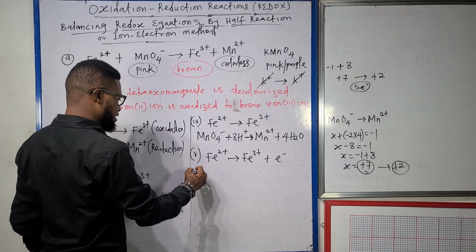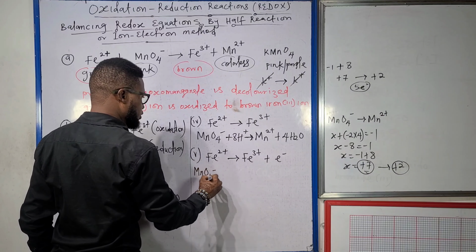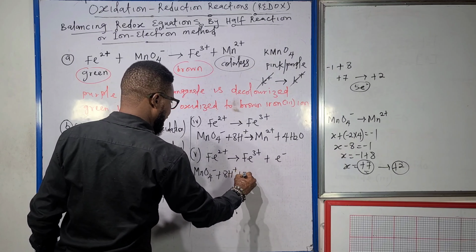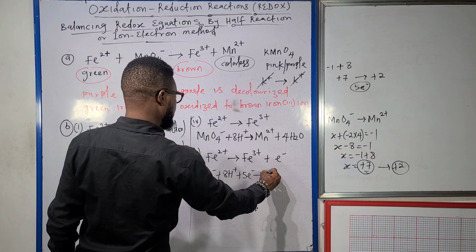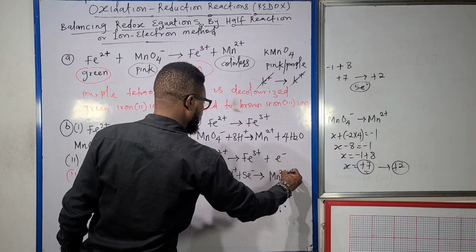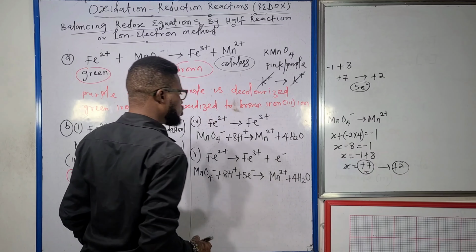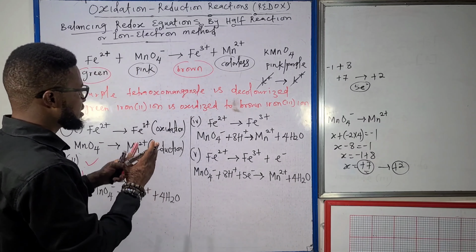So that what I have here is MnO4- plus 8H+ plus 5 electrons to give me Mn2+ plus 4H2O. This here is the end of step 5.